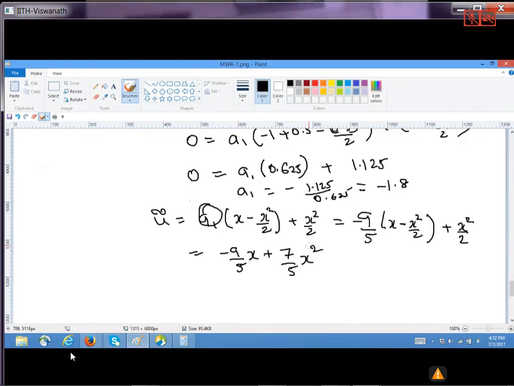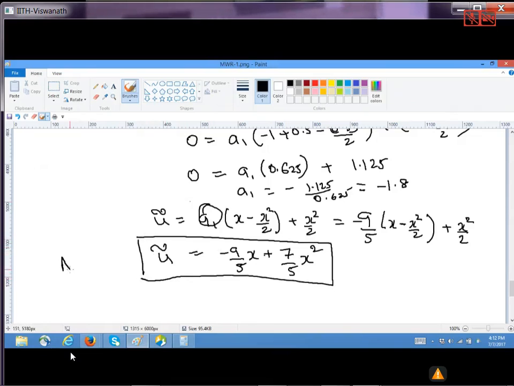You can check it out: 9 plus 5 is 14, 14 by 5 and 14 by 2, so it's minus. So the u tilde in this case is given by this expression.